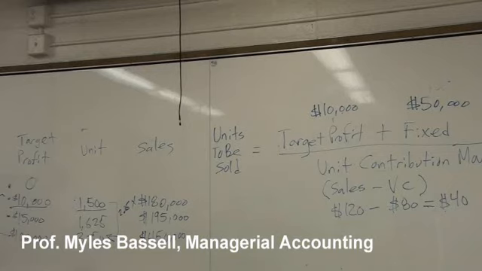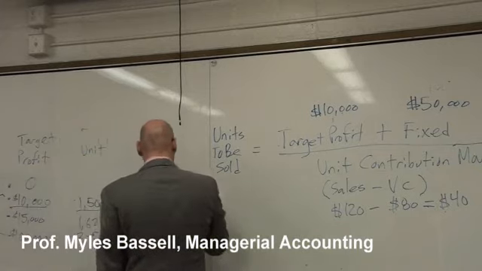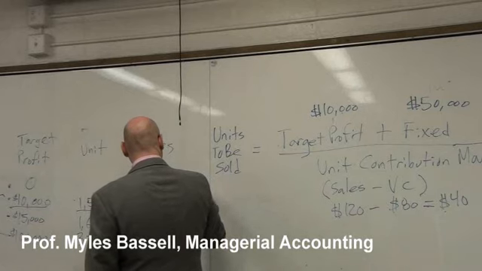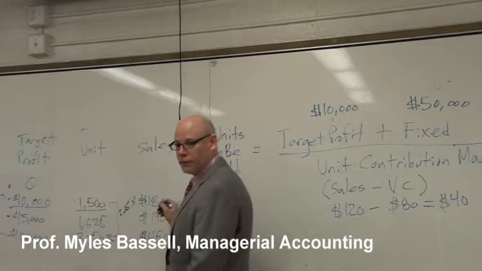The variable expenses on that would be $80 per unit times 1,200, because that's the amount of units. So that gets you 96,000. So if you take 180 minus 96, that gets you 84,000 for the contribution margin.